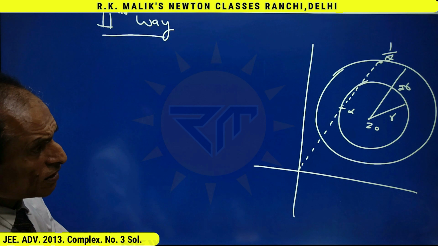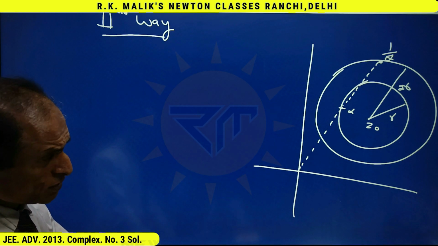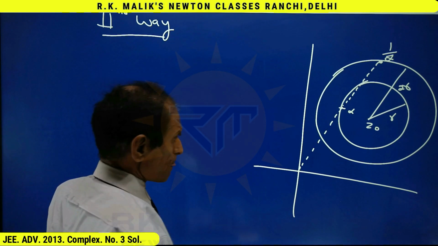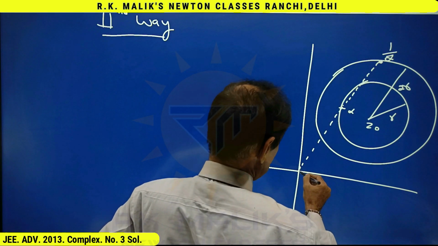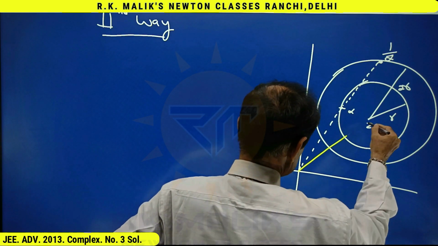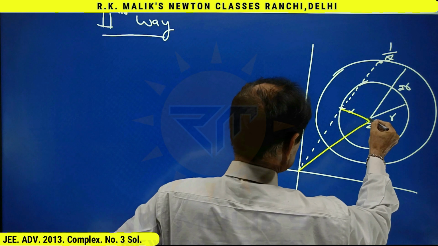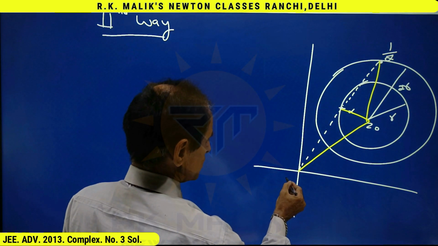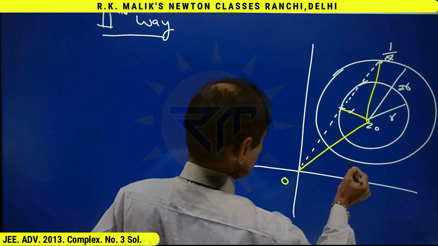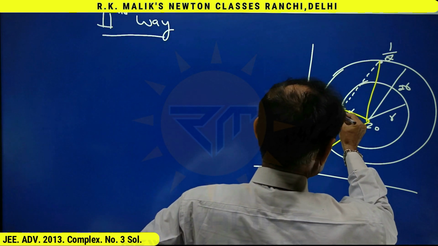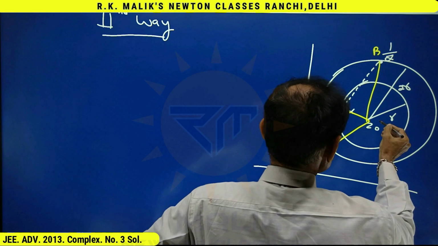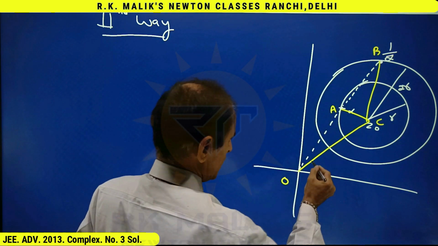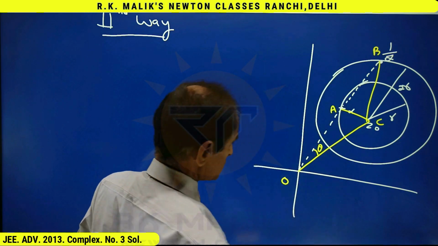Further, to get the relation in alpha, I will proceed in this way: I join the points and name the points as O, A, B and C, and let us take this angle as theta.